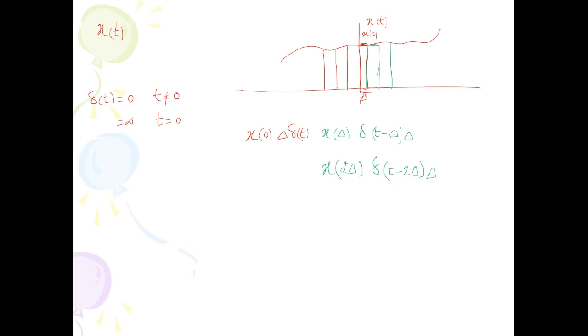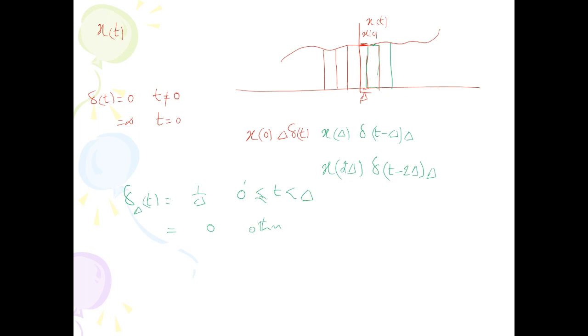Now let me define this practically possible delta of t. This value is 1 by delta for 0 less than or equal to t less than delta, and 0 otherwise.